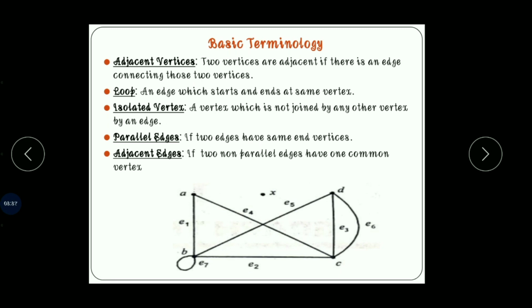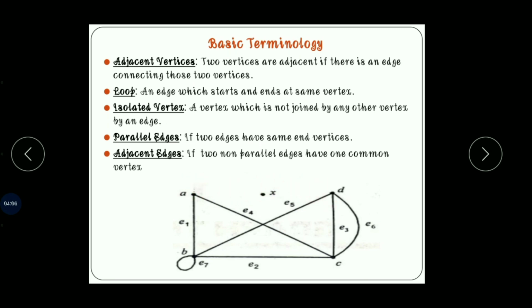So whenever between two vertices we have an edge, then those two vertices are called adjacent. When there is no edge between two vertices, then those two vertices are not adjacent. Like here you can see A and D, A and X. There is no edge between A and X, no edge between A and D. So they are not adjacent vertices.